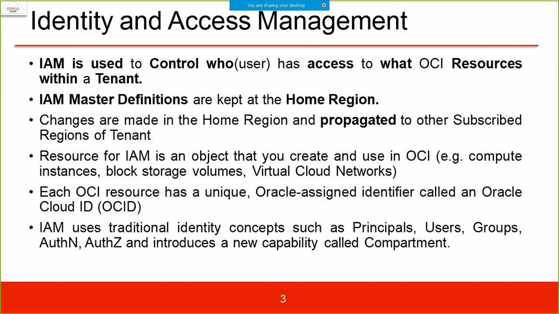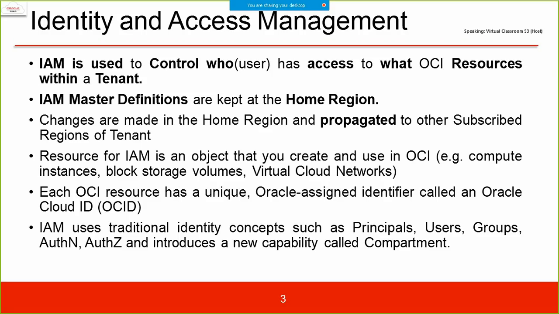Every resource created in OCI has a unique Oracle assigned identifier, and that is called Oracle Cloud ID, OCID. You will be needing that OCID at many places for many requirements to work with the objects, because OCID is something very important to understand, and every object has an OCID.